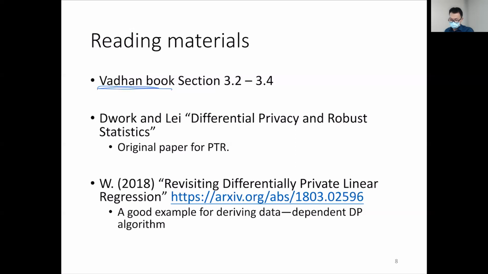This other paper that I give in the end gives an excellent example of how you generalize the PTR idea to derive something for differentially private machine learning. So we'll see a bit of these, but mostly focus on the Vadhan book, sections 3.2 to 3.4.